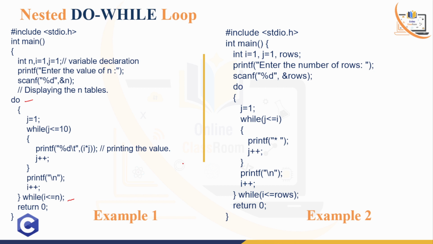The writing style in each loop is different, but the working procedure is the same, right? Believe me, the working procedure is the same, meaning at the first time the inner loop will work, and for i equals 1, j will run 10 times.